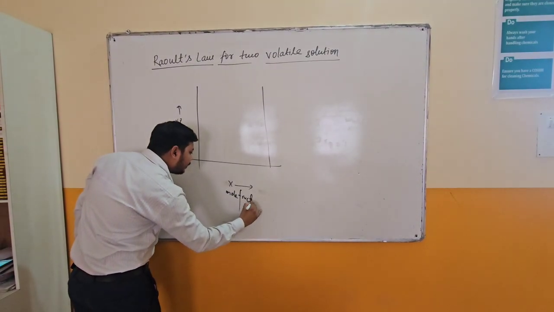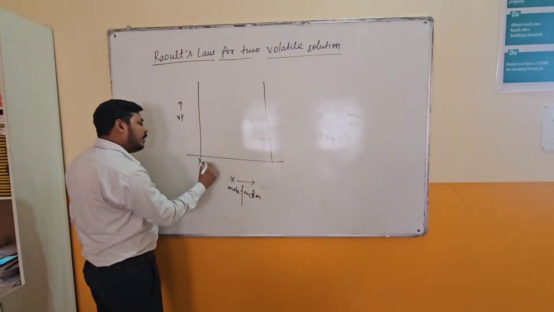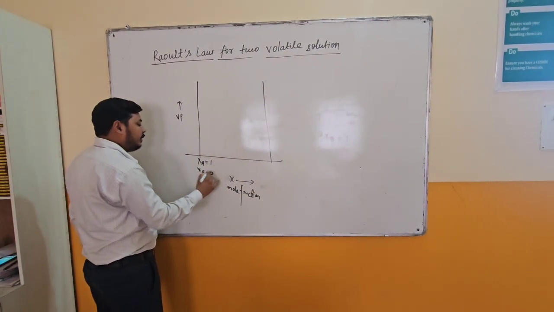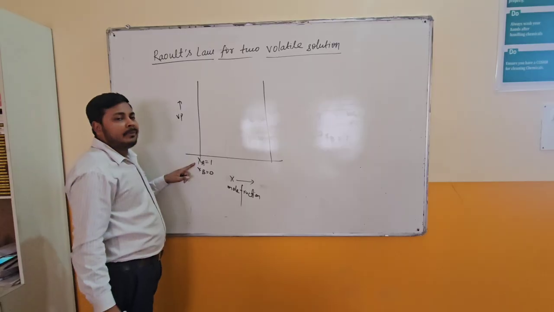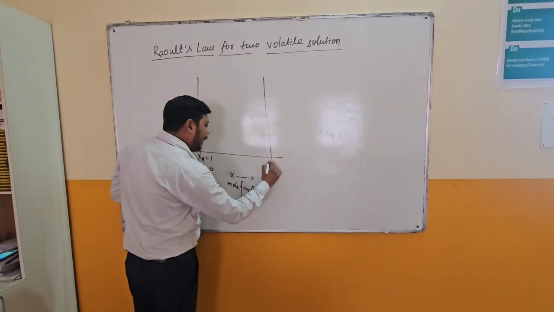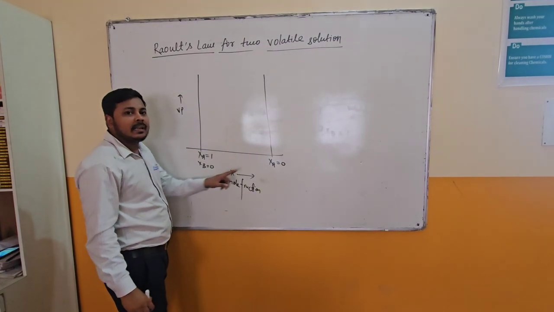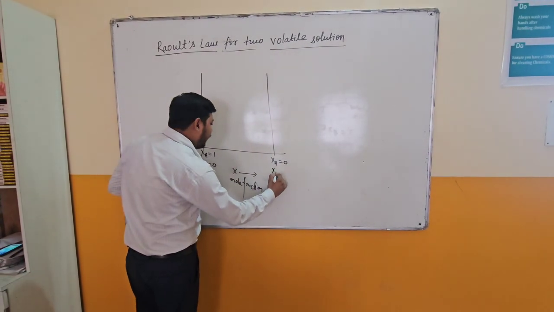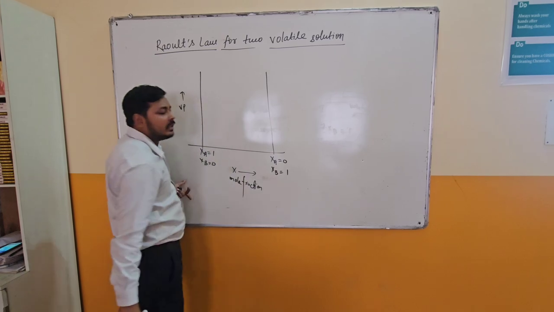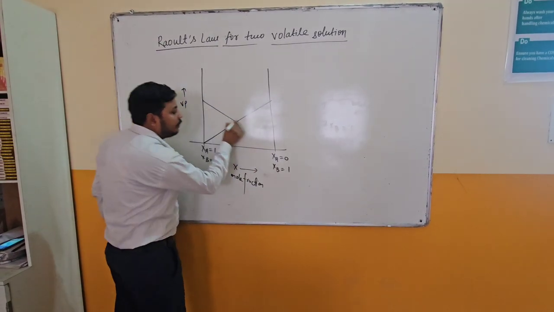If we take mole fraction XA equal to 1 and XB equal to 0, initially the mole fraction of A is maximum and the mole fraction of B is minimum. Finally the mole fraction of A reduces and reaches 0, and the mole fraction of B continuously increases and reaches maximum. This is the graph of the solution.